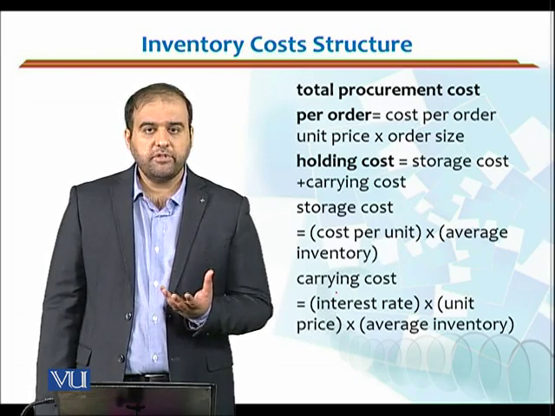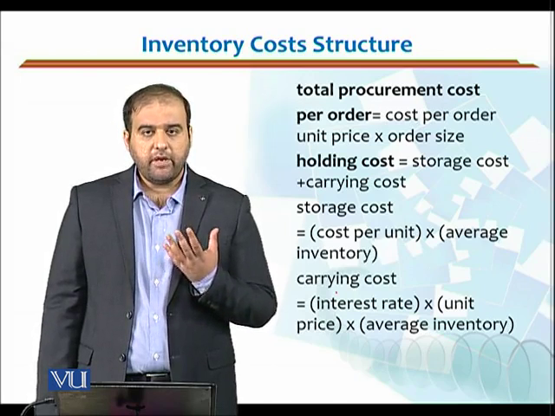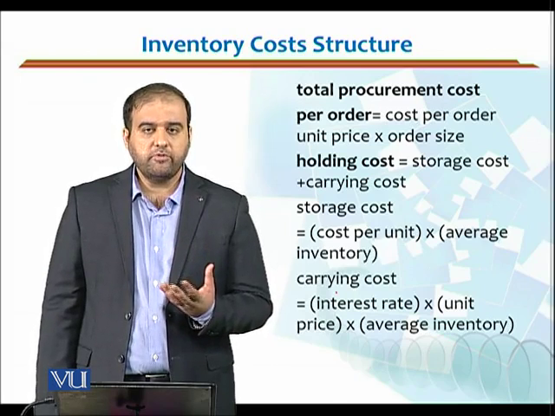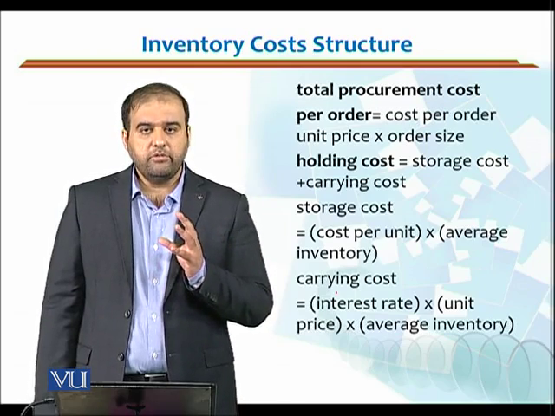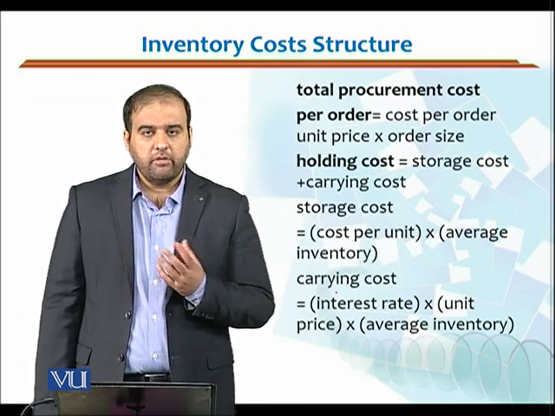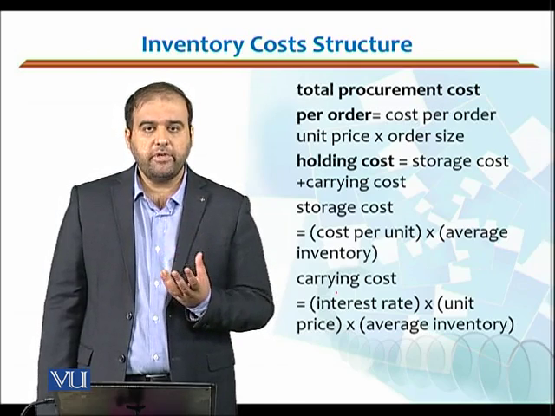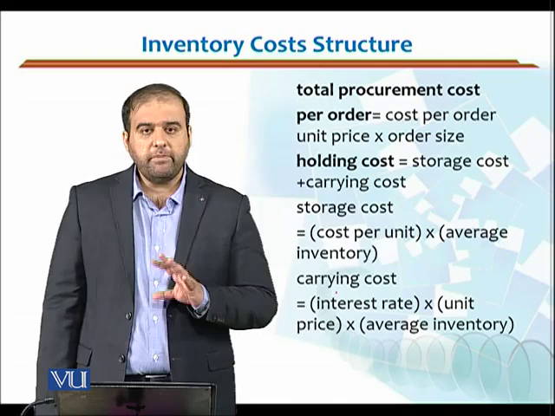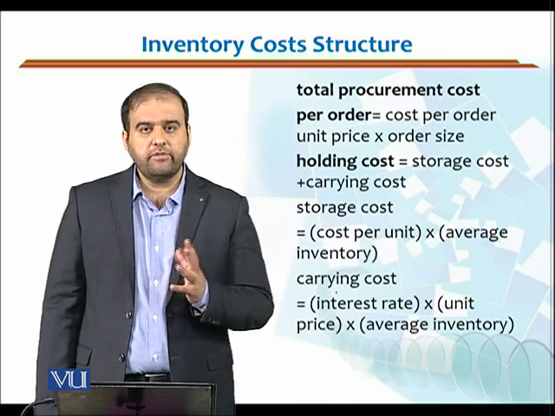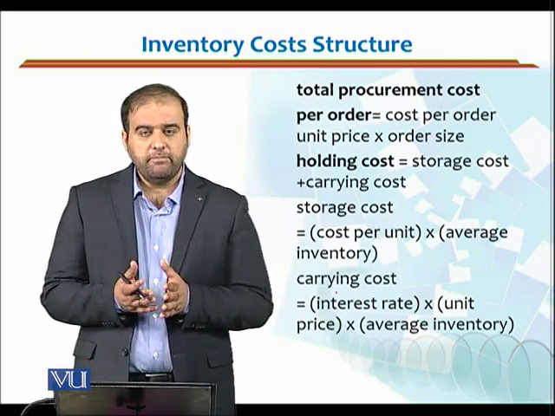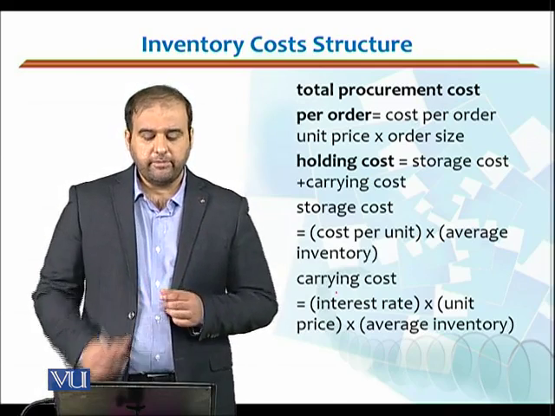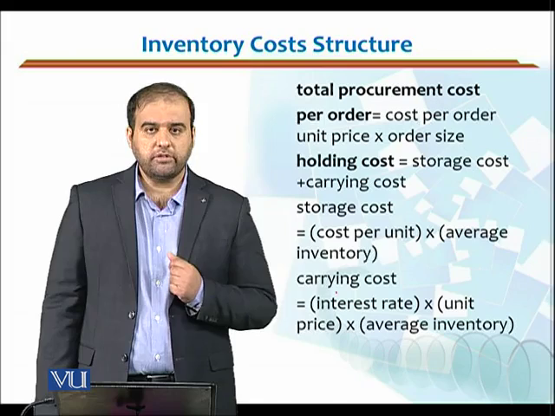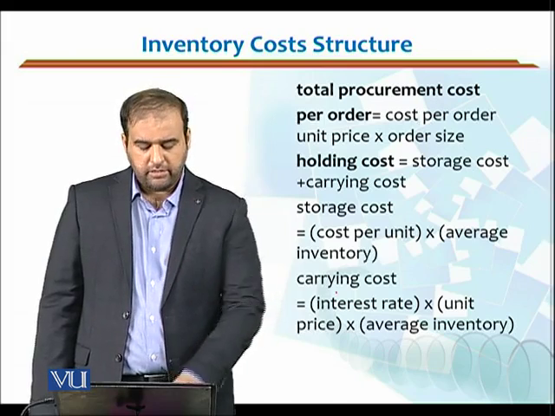What is the unit price of that average inventory? It can be the average unit price too. You can have many items which you are storing and you can average out the price of it. It could be a simple average or a weighted average. Then you multiply it with the interest rate. The interest rate comes from the actual prevailing interest rate. So that will give you the carrying cost.